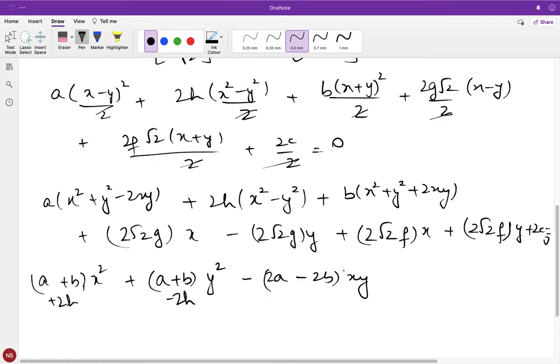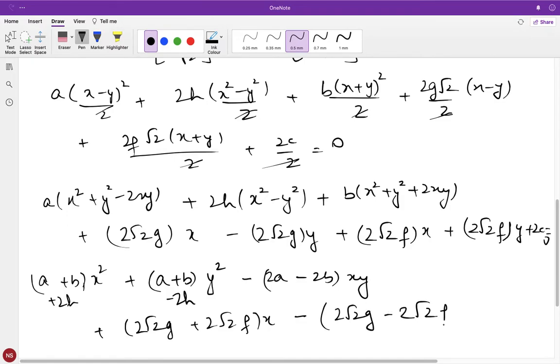So minus 2a xy plus 2b xy when you open the bracket, so this is satisfied, and the term for x will be 2 root 2 g plus 2 root 2 f, this is x, and for y will be 2 root 2 g minus 2 root 2 f y plus 2c is equal to 0.